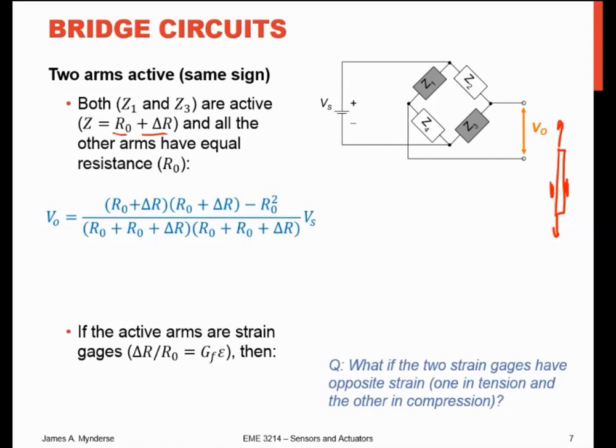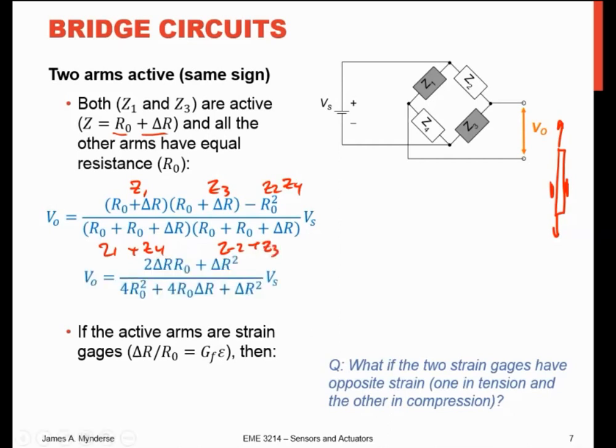So this was Z1, Z3, and this is Z2, Z4. That's just R0 squared because those haven't changed, and we said they're all the same. Z1 plus Z4, Z2 plus Z3, okay?